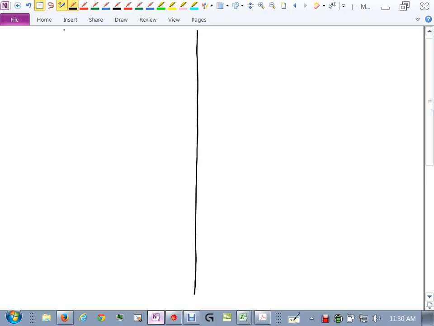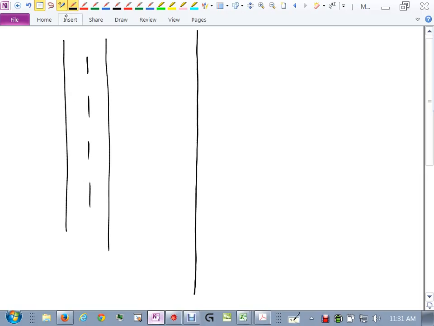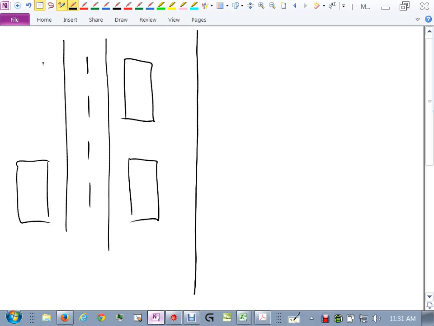So here's an example. I'm going to draw a street, looking down on a street. Here's a street, and there's a couple of buildings on each of the sides. Now what I'm doing to draw this is subconsciously making some decisions. My road, these lines are technically parallel, right?